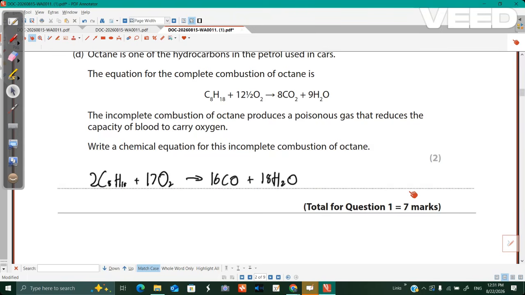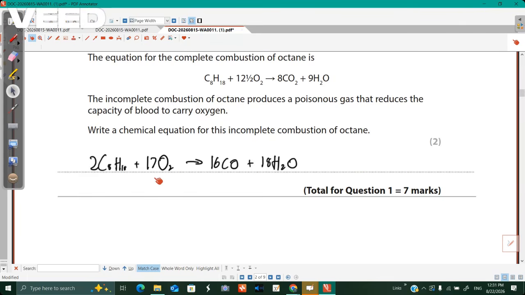Write a chemical equation for the incomplete combustion of octane to carbon monoxide. Now remember. Okay, very good. You have balanced it properly. As a habit, always write the states. I am telling you for a reason.